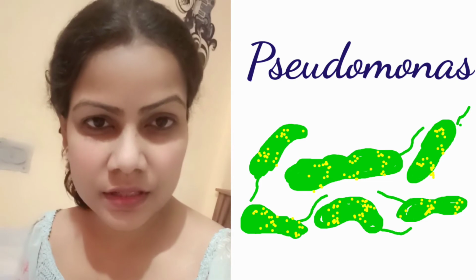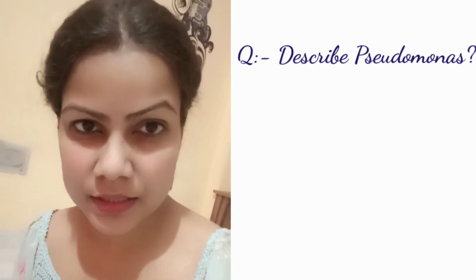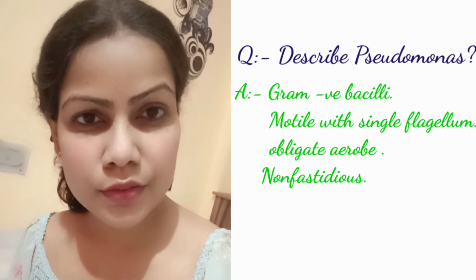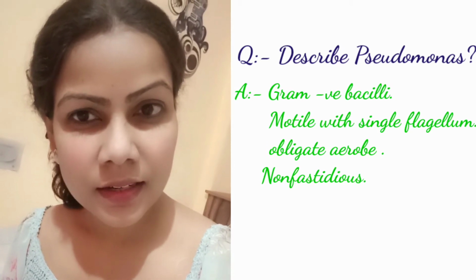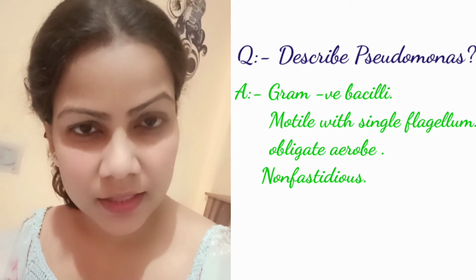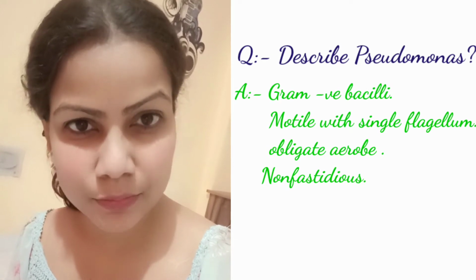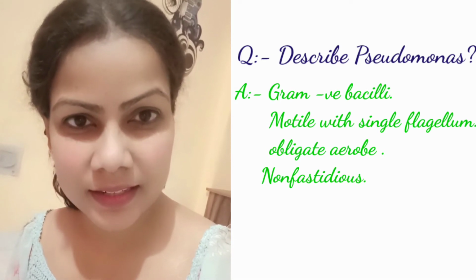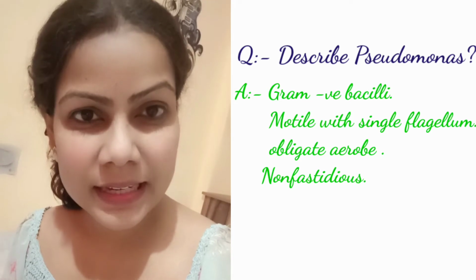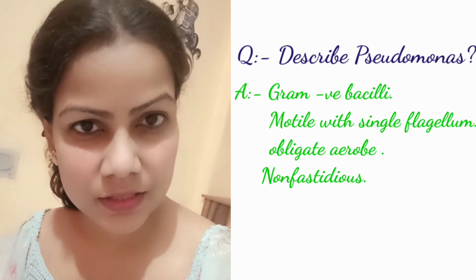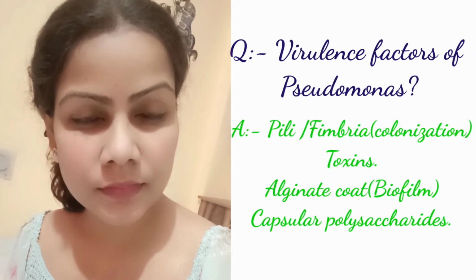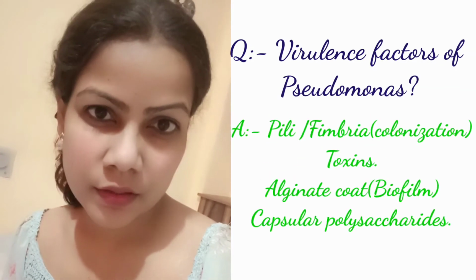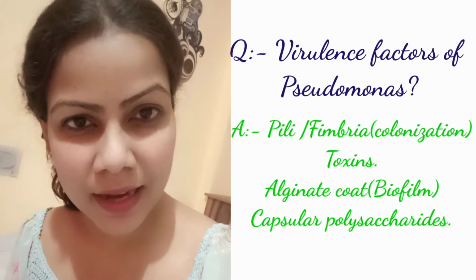At first, describe Pseudomonas. Pseudomonas is a gram-negative bacilli, motile with a single flagellum, and it is an obligate aerobe and not fastidious. It should be your answer. Next question is, what is the virulence factor of Pseudomonas?